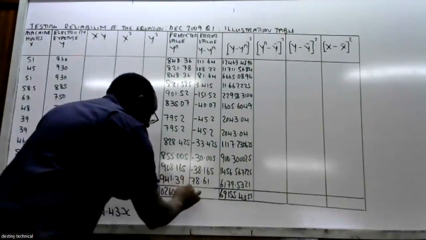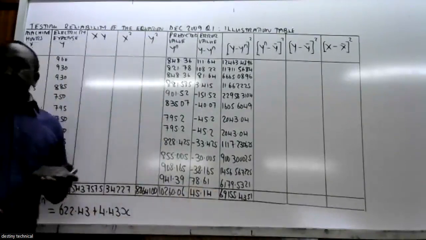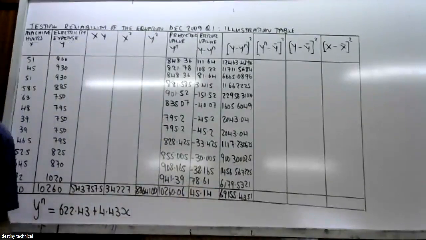Okay, now confirm these two totals. Wait. Okay. Yeah, perfect. I'm almost finishing the last one. Okay. The one you did, the first one is okay.